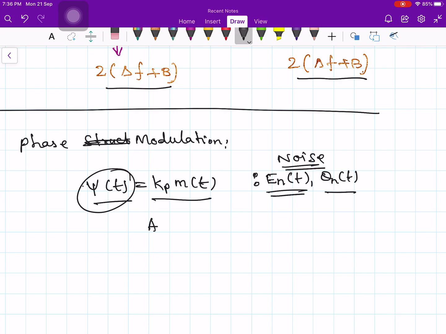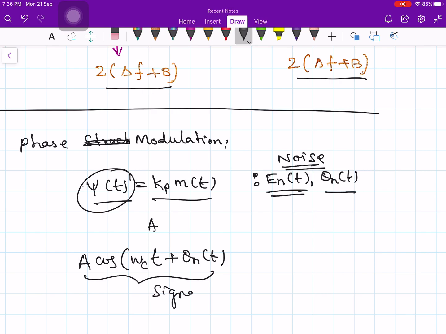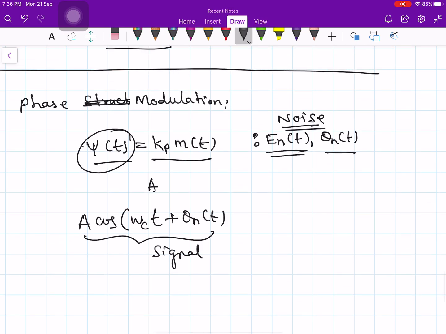Therefore, my signal component is A times cos of omega c t plus psi of t as far as signal is concerned. I am sorry, this is not theta n of t, it is psi of t. What is psi of t? Psi of t is equal to Kp times m of t.